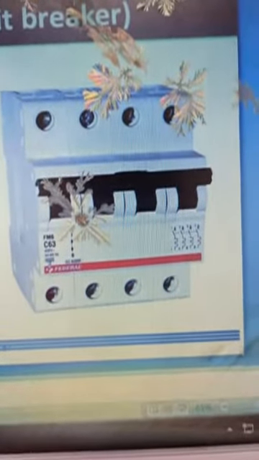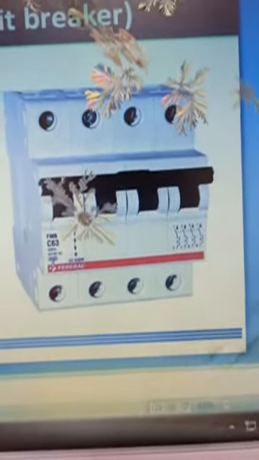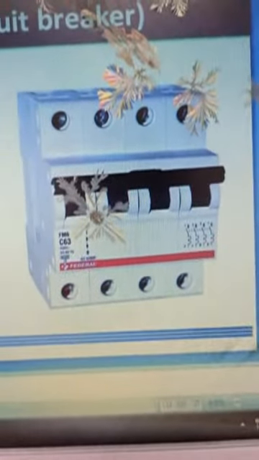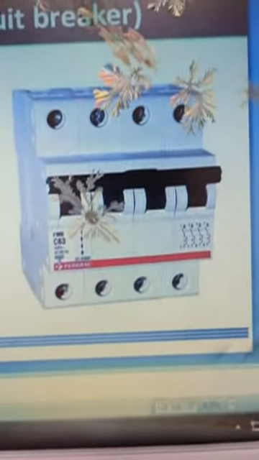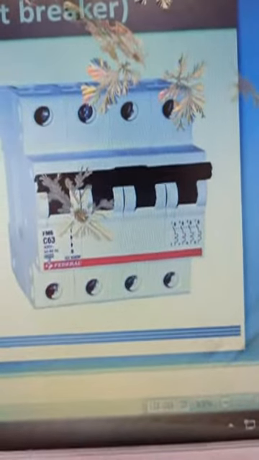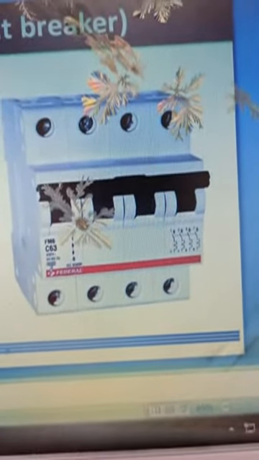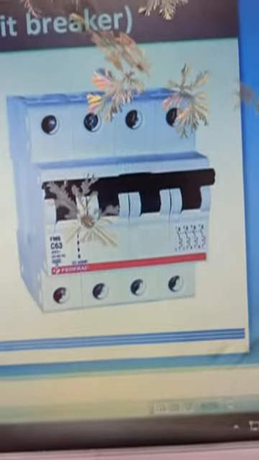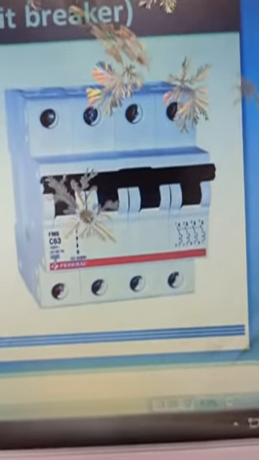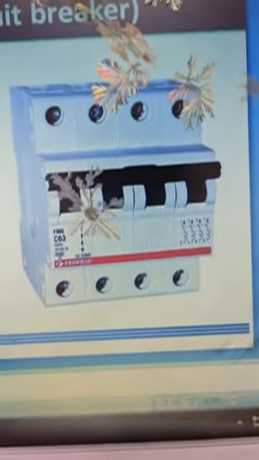MCB or MCCB are used for low voltage domestic or commercial industrial purposes. Its tripping mechanism and terminal contacts are assembled in a molded case, so they ensure high mechanical and dielectric strength and virtually no aging. The current carrying parts are made of copper and silver.